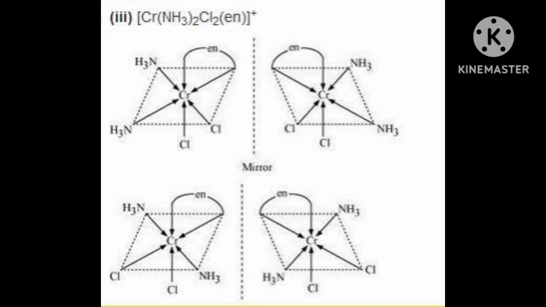The two forms are called dextro and laevo. Dextro is represented by a small d, and laevo by a small l, depending upon the direction in which they rotate the plane of polarized light.